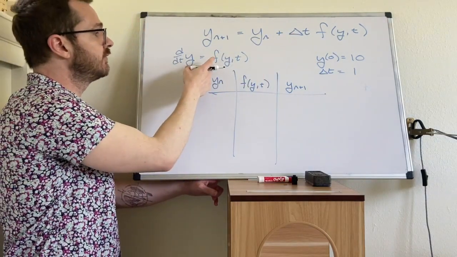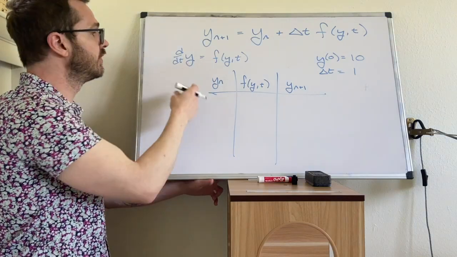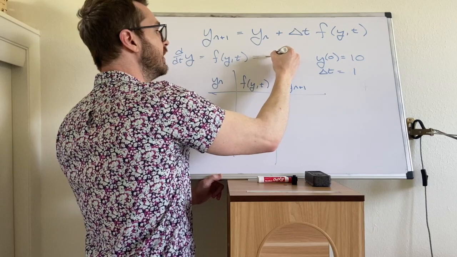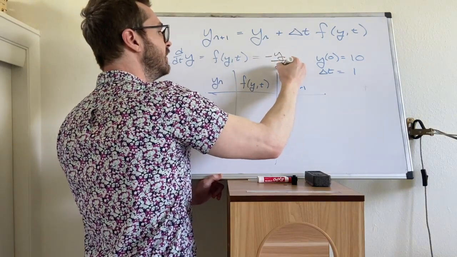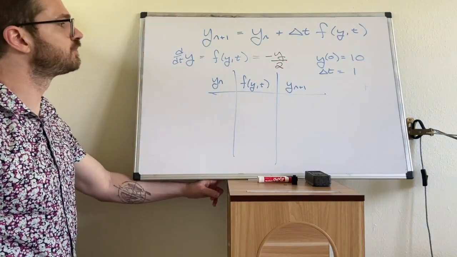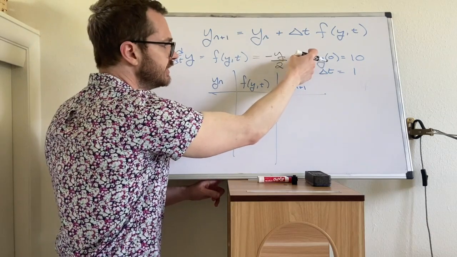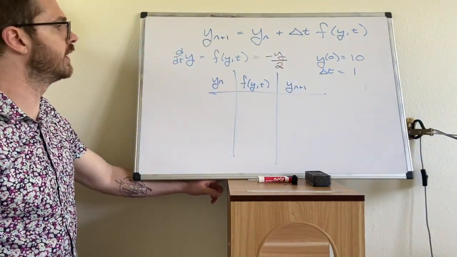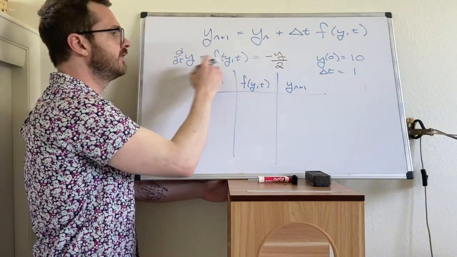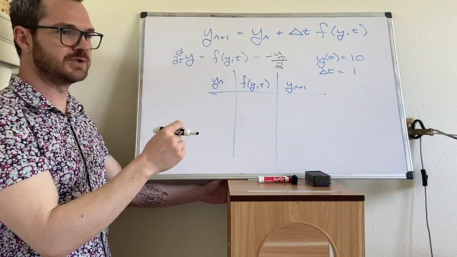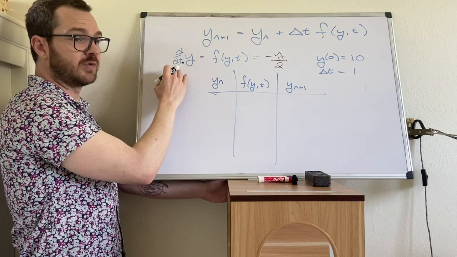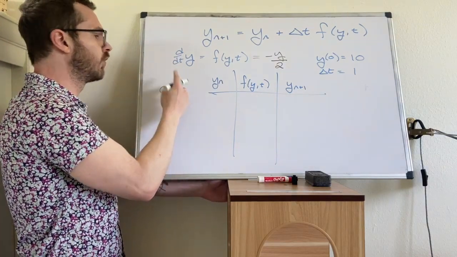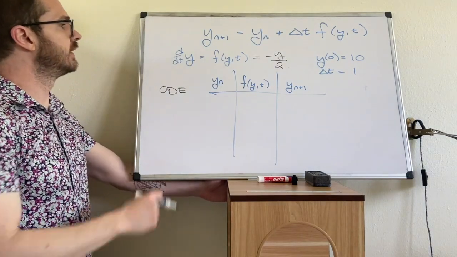Let's put a specific equation in for the derivative. Let's say that d/dt of y is equal to negative y divided by 2. And we're given some initial condition, and we're going to run it at a time step, a delta t of 1. First of all, let's characterize this differential equation. It's a full derivative, not a partial. That makes it an ODE, ordinary differential equation.